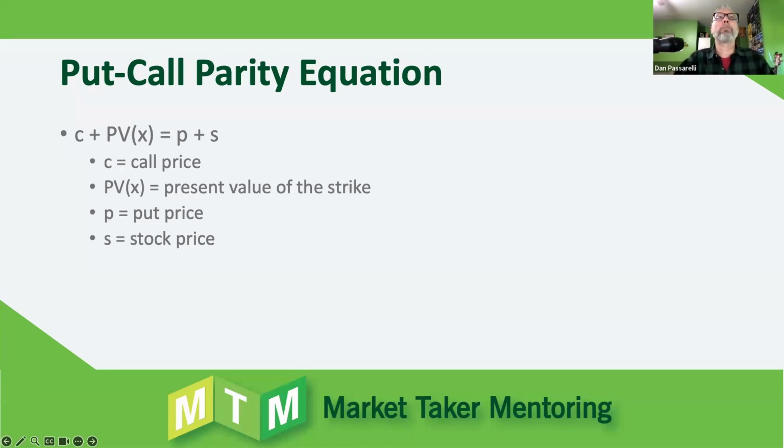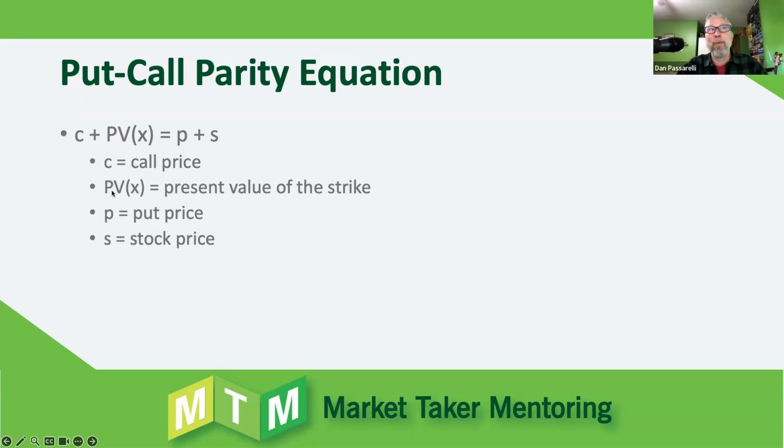All right. So put call parity is this very mathematically intimidating for a lot of people equation that I'm showing right here. C plus the present value of X equals P plus S. Okay, so C is just the call price.